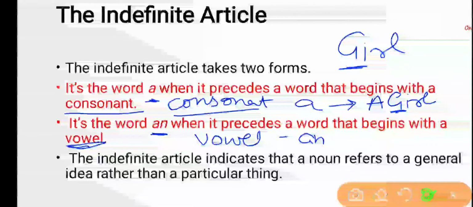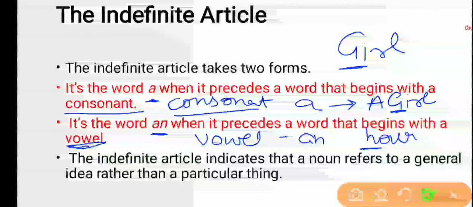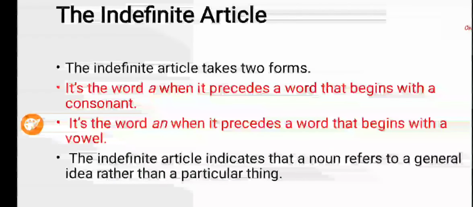And if the sound is a vowel sound, then I can use "an." Like if I say "an hour." Here the word starts with H, but the sound is a vowel, right? That's why I have used "an." So not the letter but the sound is playing the major role here.